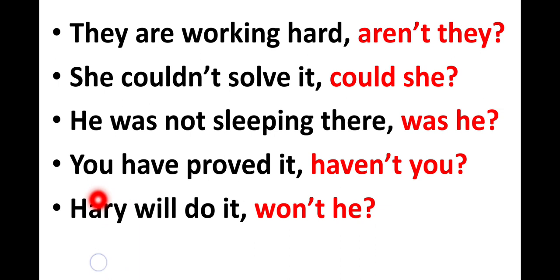Okay, so this noun will be replaced by a pronoun in the question tag, and obviously this statement is positive, so question tag will be negative. So that means it will be will not he and will not, that is won't. So Harry will do it, won't he? So in this way question tags are formed.